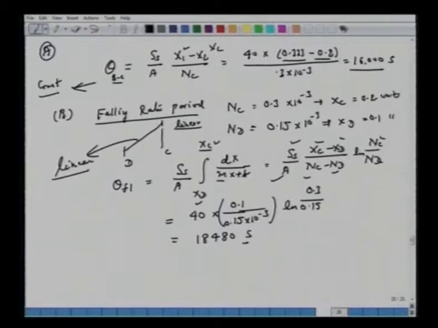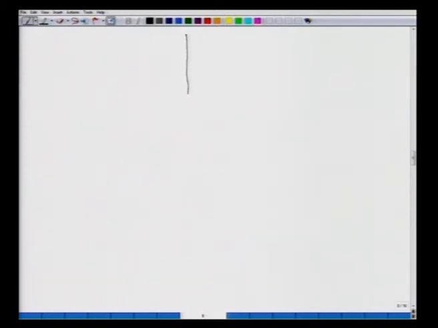Now we come to the third rate. Let us plot N versus X for the last stage of drying. So we have this drying curve like this, N versus X for the last stage of the drying, when the rate decreases non-linearly. So already we did the calculation till D when the moisture content Xd was 0.1.